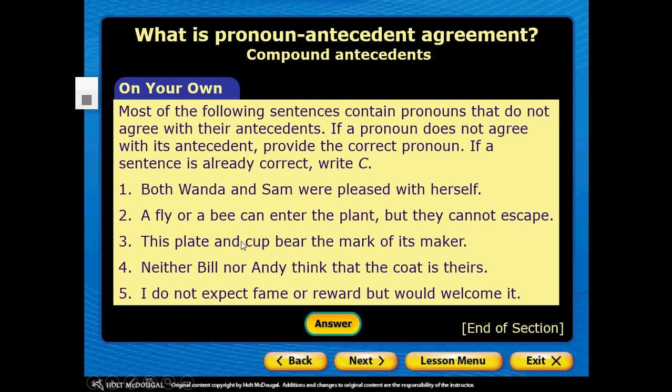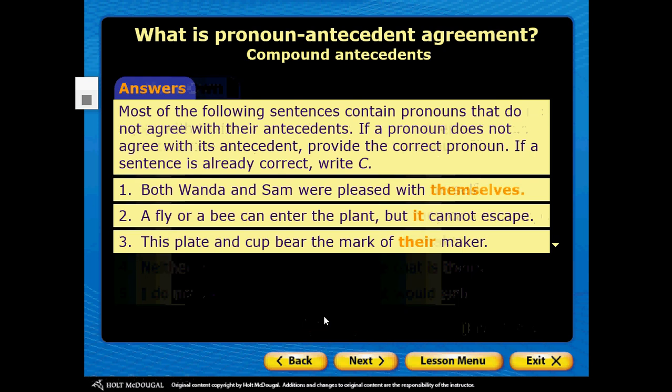Now, it is singular, therefore it doesn't agree with the antecedents here. So it would have to be: this plate and cup bear the mark of their maker. Let's just double check that, yeah. The plate and the cup bear the mark of their maker.